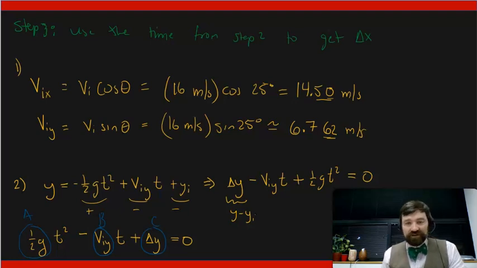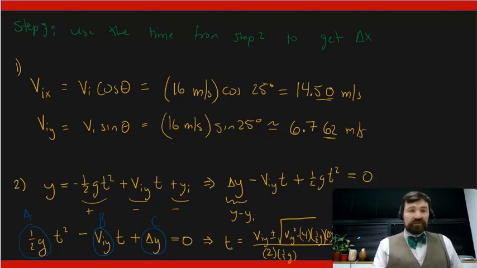So the thing that I'm trying to solve for, the time, should look like negative b, so that's VIY, plus or minus the square root of b squared, so again VIY squared, minus 4 times a, which is 1/2 g, times c, so that's your delta y, all divided by 2 times 1/2 g. Right, so now what we need to do is basically plug numbers in and solve.